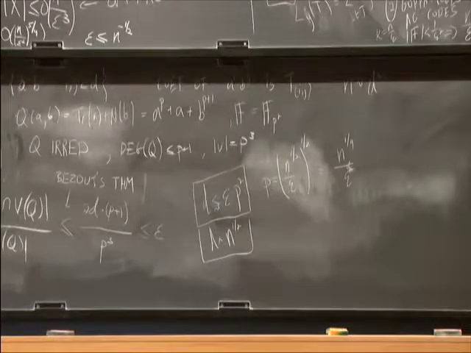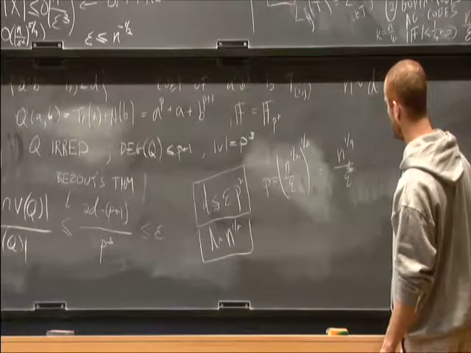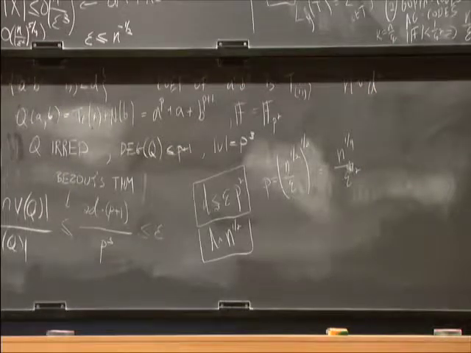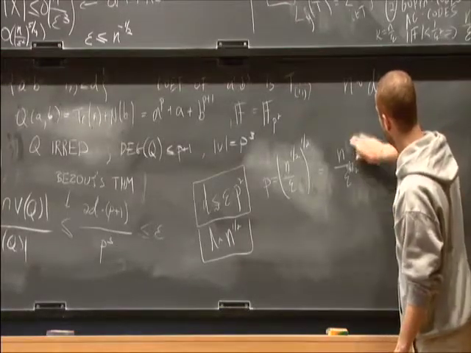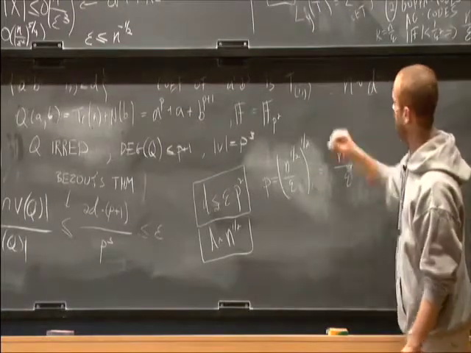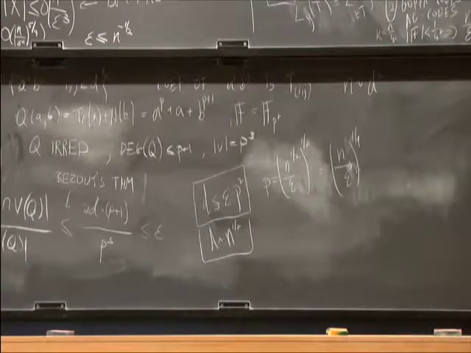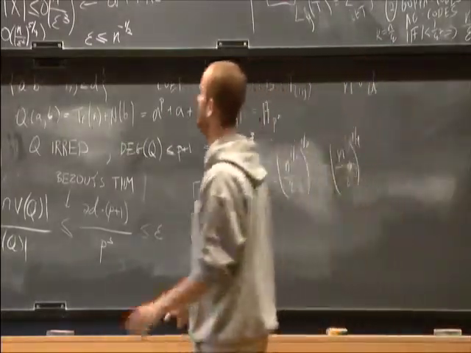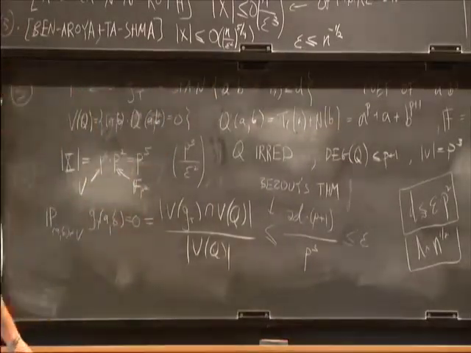Epsilon squared. You're right, sorry. I want to write it as I wrote it there. So this is p, and the construction is of size p to the power 5. So this is exactly what we wanted to achieve.